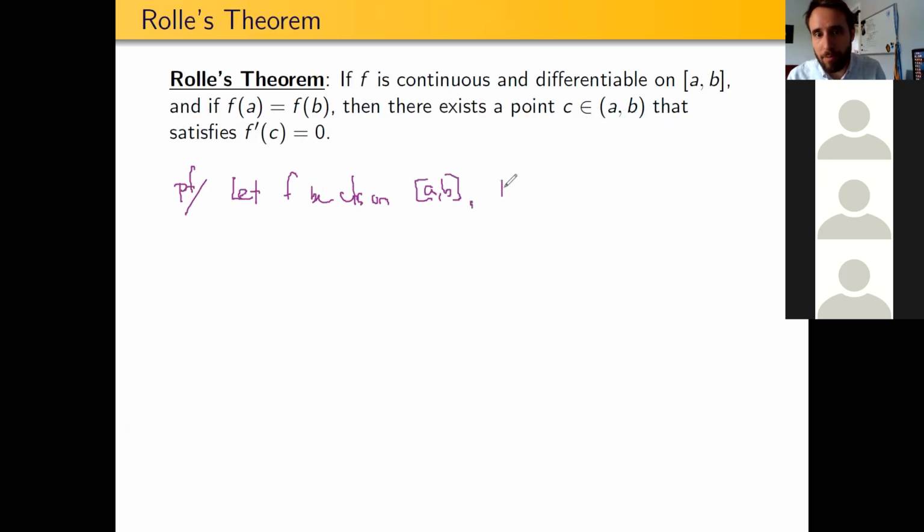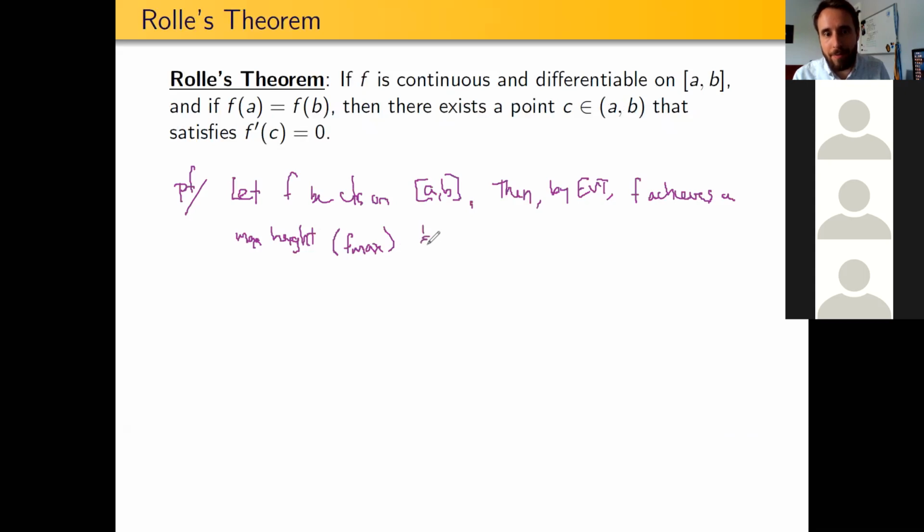Then, by the extreme value theorem, f achieves a maximum height, maybe that's f max, and a minimum height, maybe that's f min.